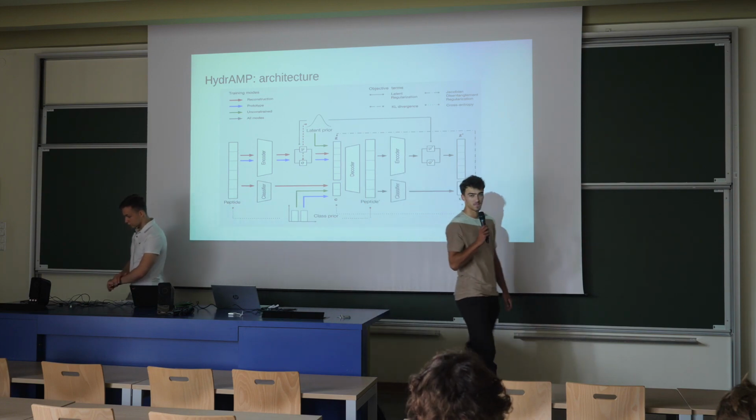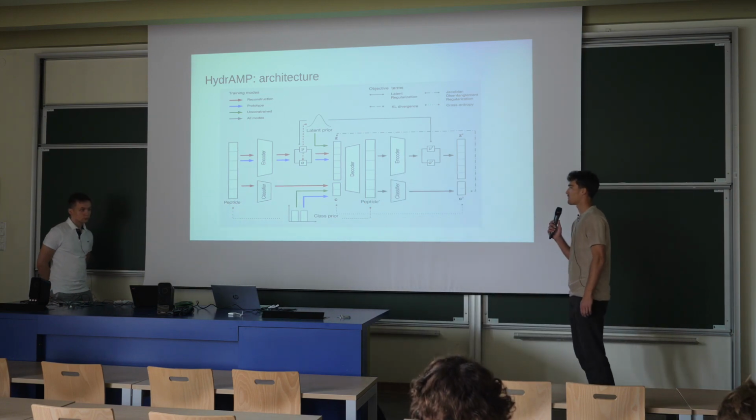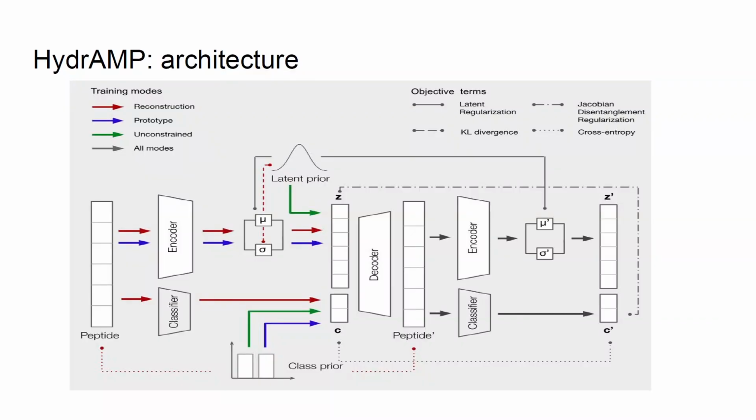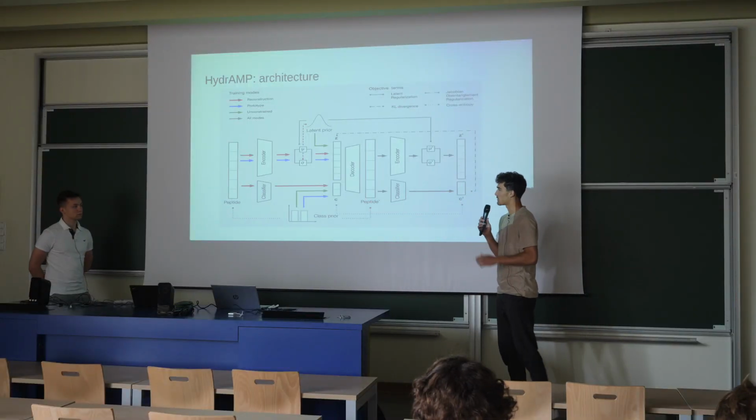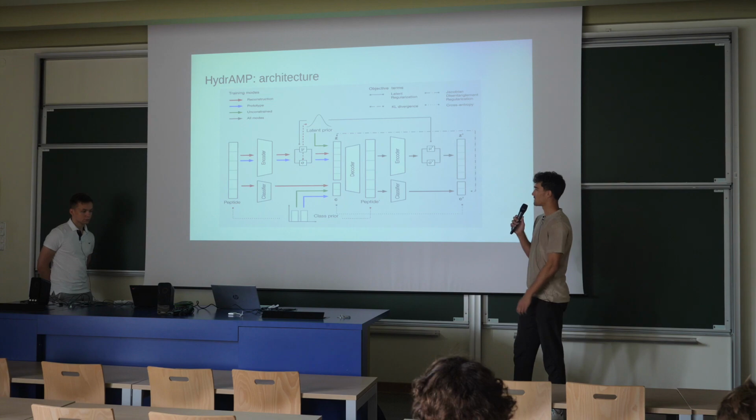Okay, so this is an architecture which was before we started. As you can see, it's kind of complex, and it's hard to find out what is going on. But for now, I will focus on one thing. Here we've got an encoder, which creates a vector peptide representation in latent.